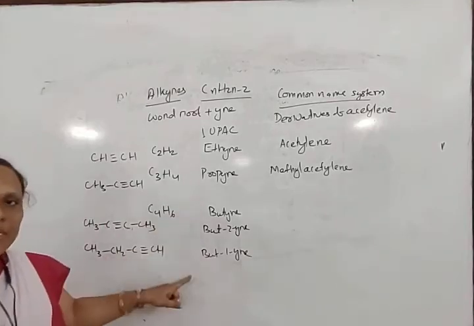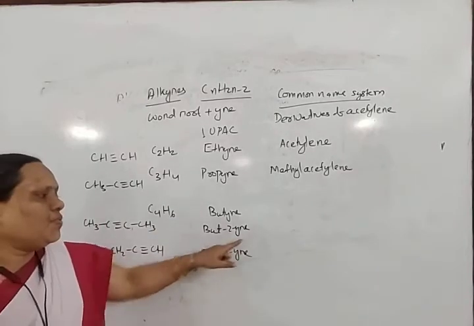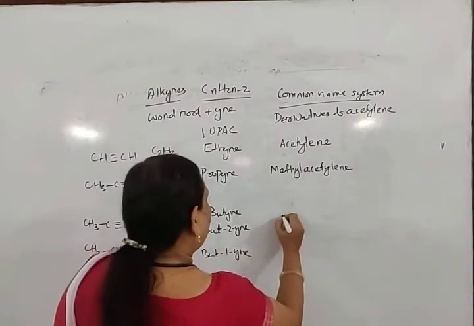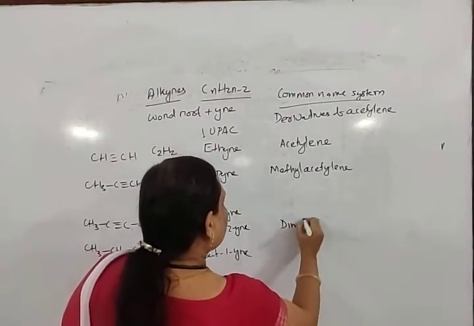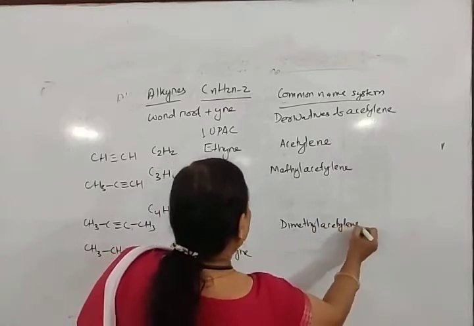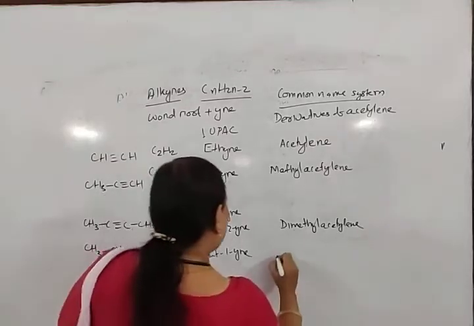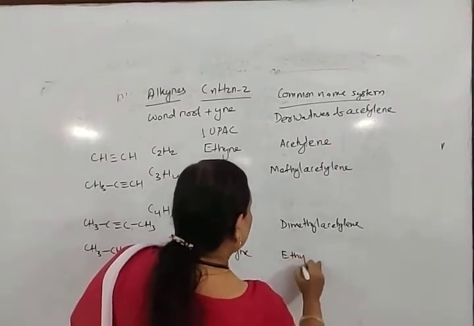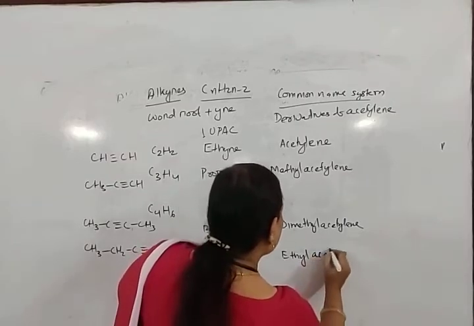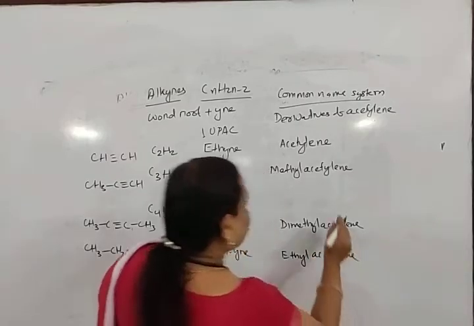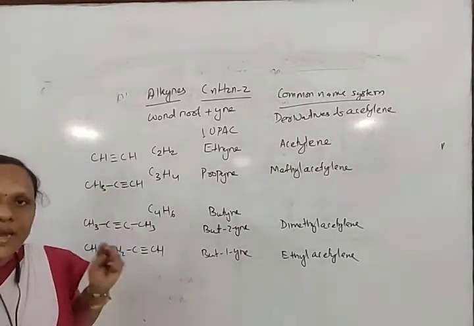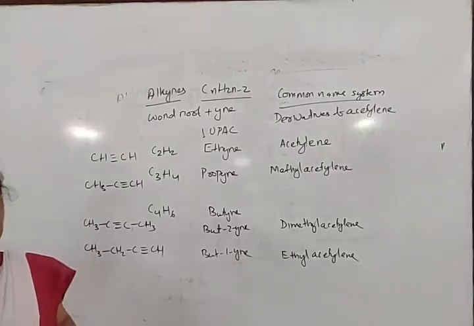How to name these we will discuss later. But-2-yne is known as dimethyl acetylene, and but-1-yne is known as ethyl acetylene. So in this way you have to name the compounds of alkanes, alkenes and alkynes.